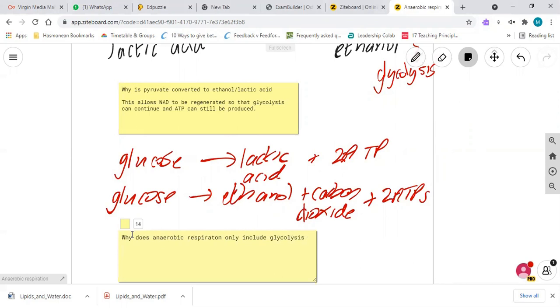As I said before, you need to be specific that there is no oxygen to act as the final electron acceptor in oxidative phosphorylation. Therefore, oxidative phosphorylation stops.